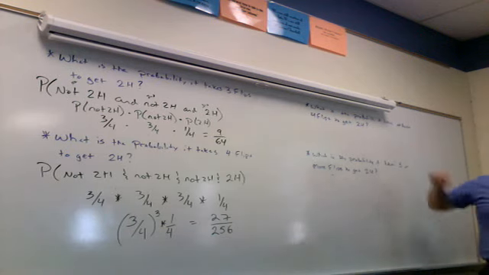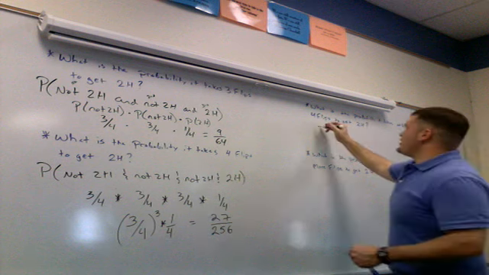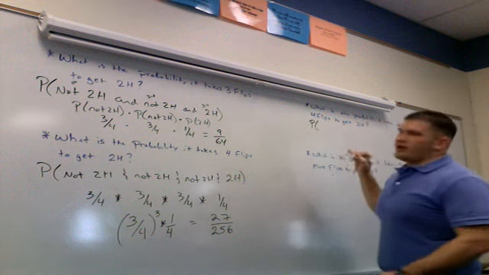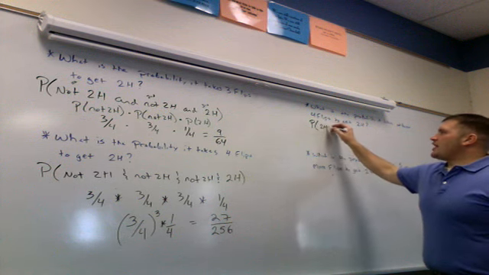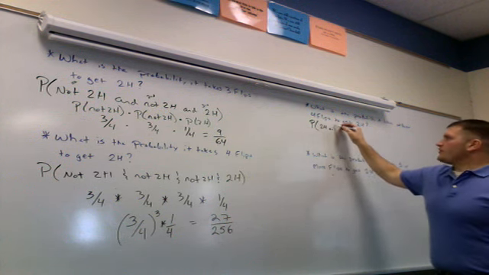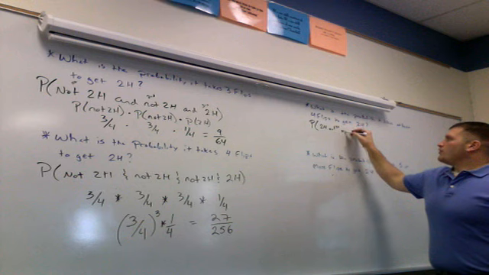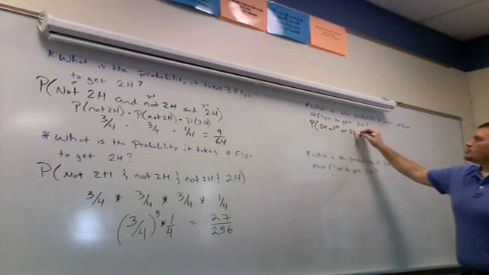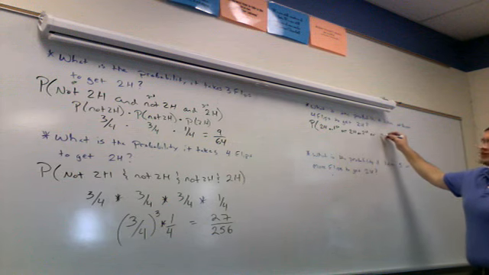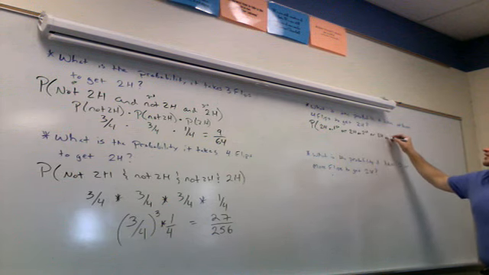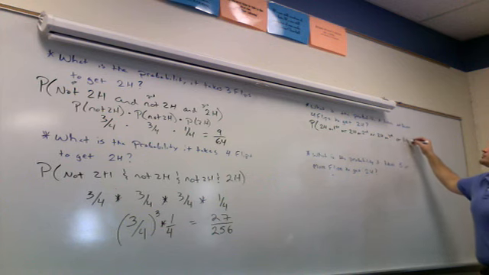Now, if it's at least 4 flips, this means we're doing the probability of what? 2 heads on first flip, or 2 heads on second, or 2 heads on third, or 2 heads on fourth.